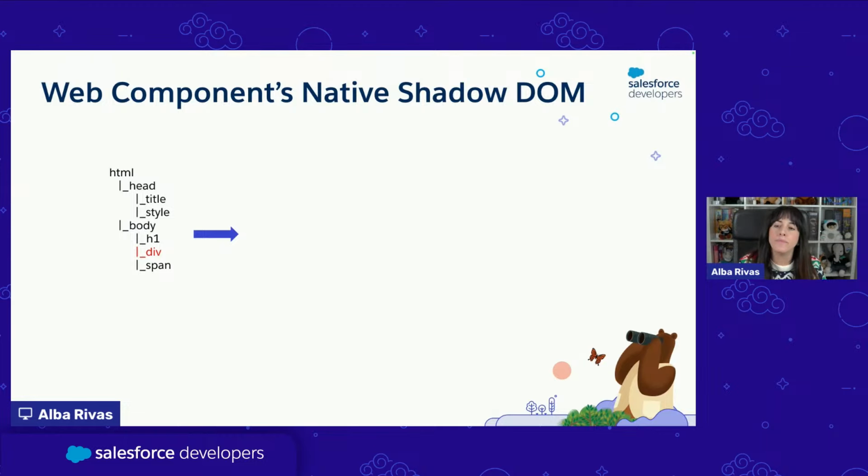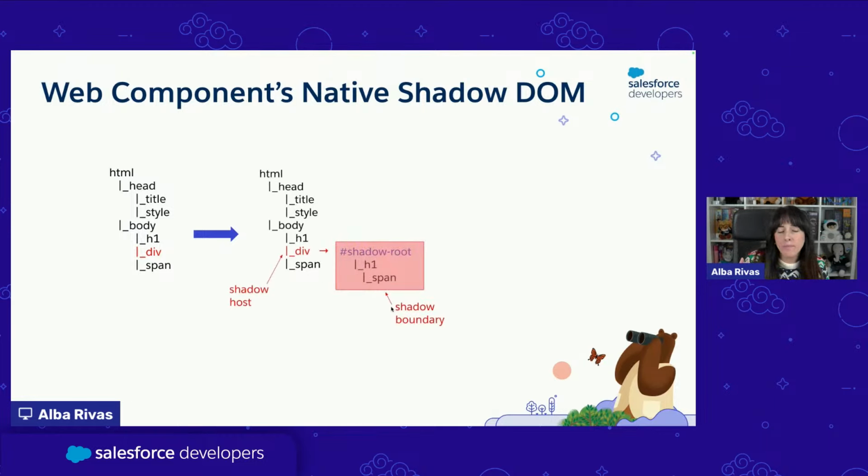Shadow DOM allows you to add a hidden DOM that is right below one element of your main DOM, the structure of elements that represent what you are showing in your web page, but that is encapsulated.